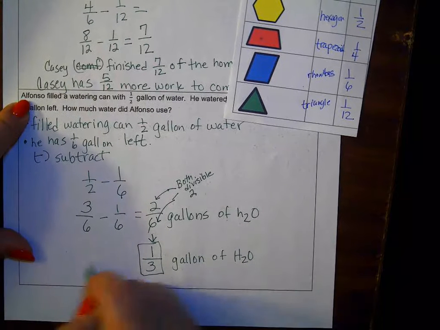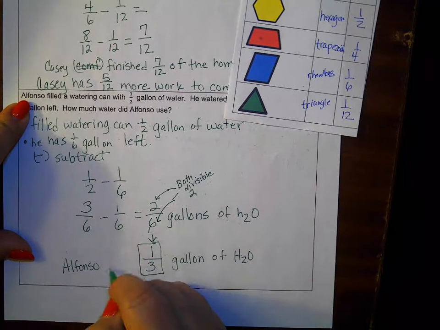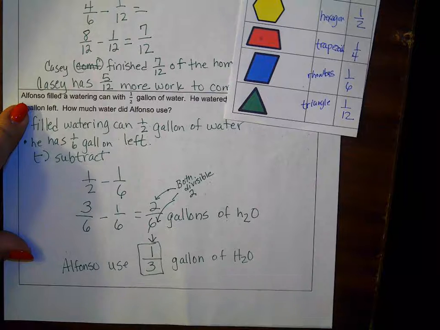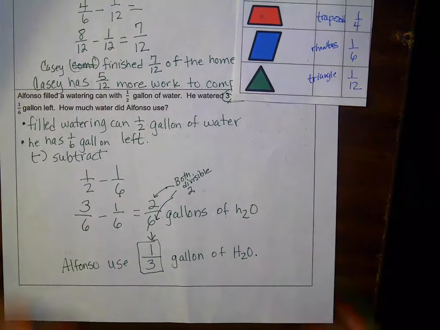So Alfonso used 1/3 gallon of water. And you can put to water the ferns if you want to. I'm just going to leave it like that.